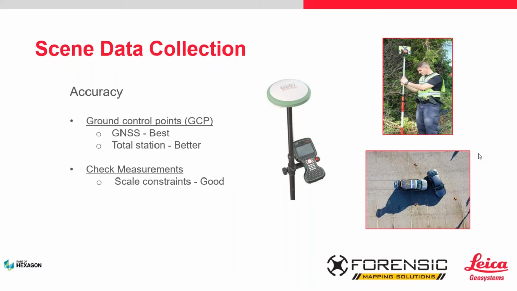You can do the same thing in Pix4D with what's called a scale constraint. You're going to tell it that the distance measured in the software is in fact, let's say the software says it's 49.97 feet and you measured 50, you're going to tell it it's 50, and then it's going to go ahead and scale that. But it's only scaling it in two dimensions. So that's why the GPS and the total station are better choices.